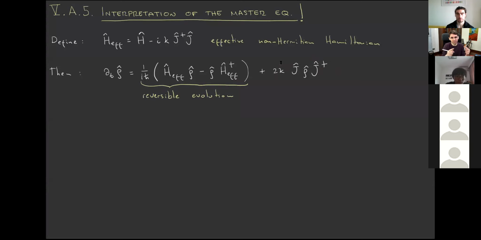I can always revert something, so I can do something in my system, no matter what the initial state was, even if I don't know it, and then revert it back after some time to the original state. But this part in here is actually irreversible evolution.